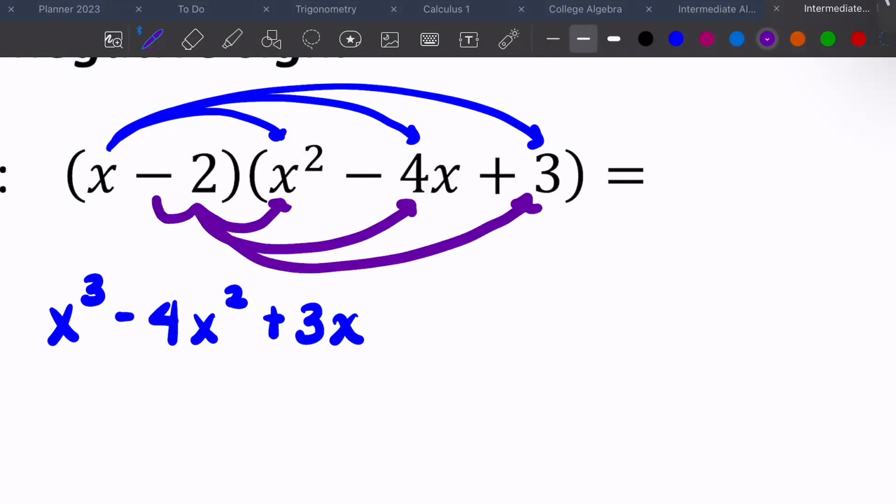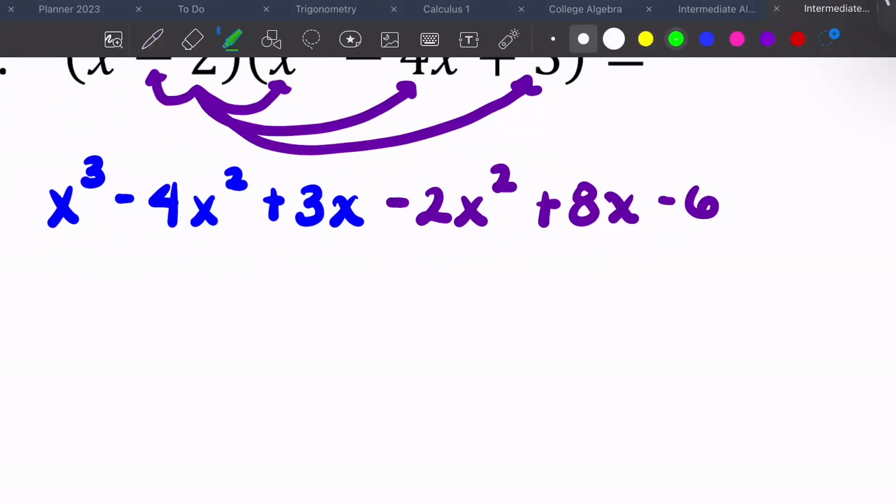We're going to distribute a -2, right? If that's a minus sign right here, you need to distribute a negative through. So we'll say -2 times x squared, that's -2x squared. -2 times -4x is positive 8x. Then -2 times 3 is -6.